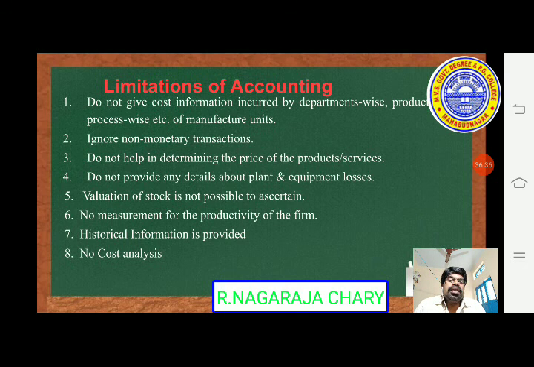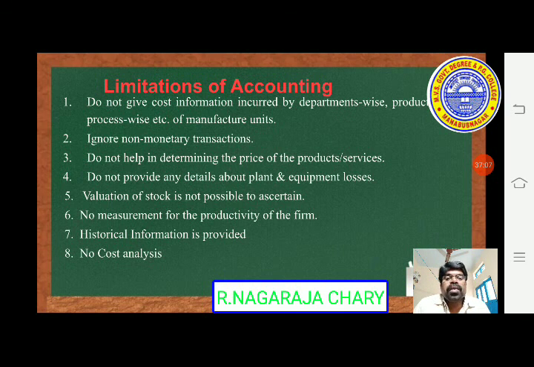Do not provide any details about plant and equipment losses. So regarding plant and equipment also, we don't have any information in financial accounting. That is also a drawback or limitation. Valuation of stock is not possible to ascertain. So in financial accounting, stock valuation is not possible. So ultimately we have to go for cost accounting.